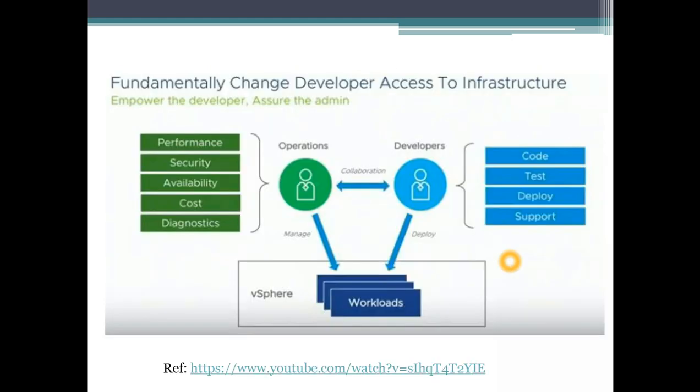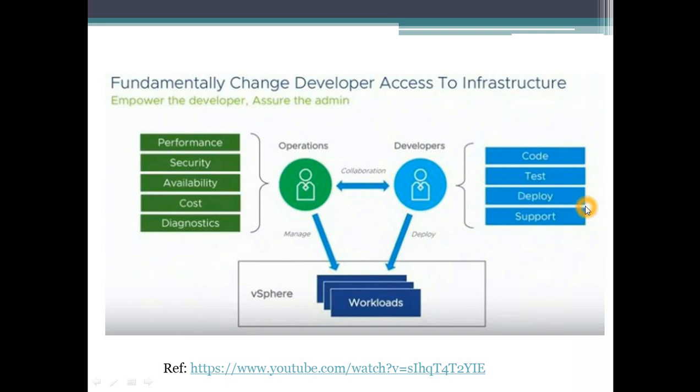To tackle these problems, the fundamental change is developer access to the infrastructure. The developers now have direct access to the vSphere workload by using the known Kubernetes APIs. The VI admins focus on performance, security, availability, cost, and diagnosis.